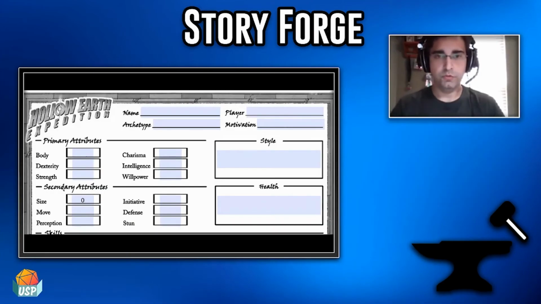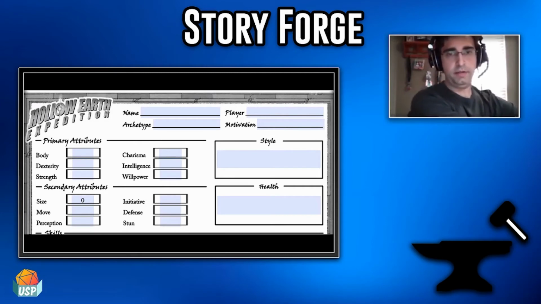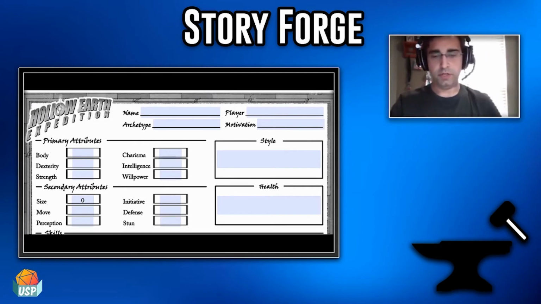All right, so what you can see that I have up here is my Hollow Earth Expedition character sheet already set up and ready to go for us to build our character. So as I mentioned before, we're going to start with an archetype.